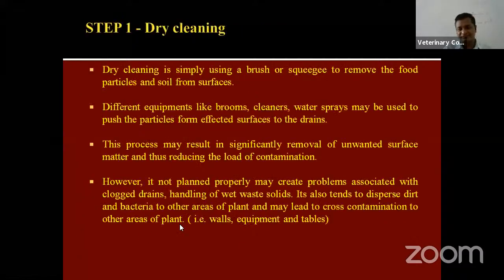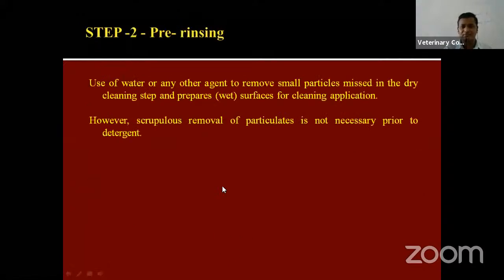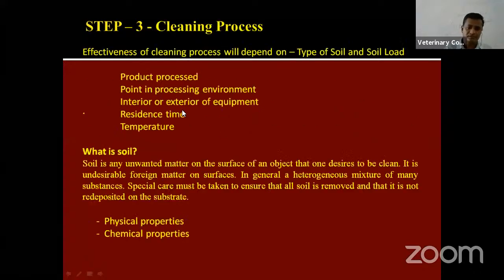So the dry cleaning, we already discussed this one. Dry cleaning first, then pre-rinsing. After this pre-rinsing, the actual cleaning process to remove the soil. That again depends on various physical and chemical properties of the soil.